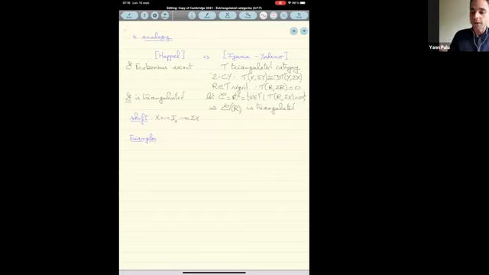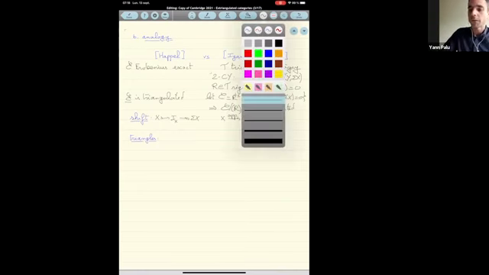Now on the triangulated side, instead of fixing an inflation to an injective, one fixes an approximation by some object in add R. This should be an add R approximation.